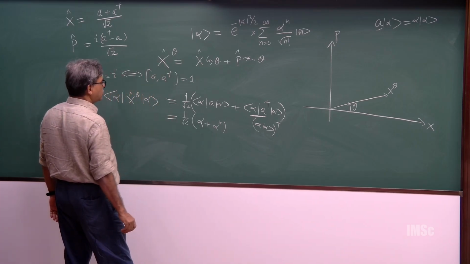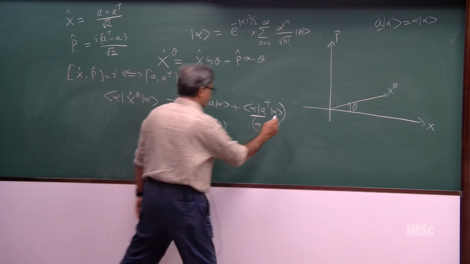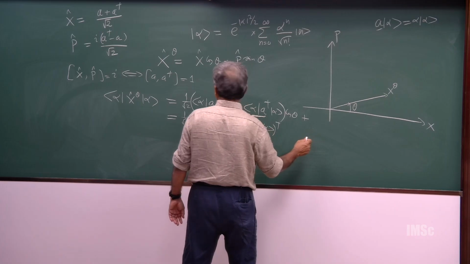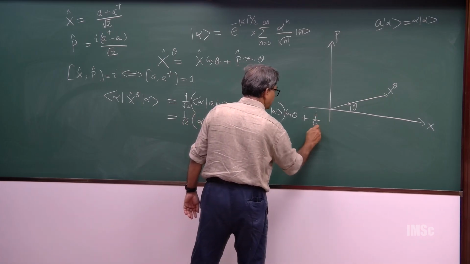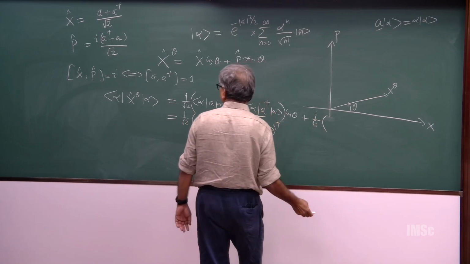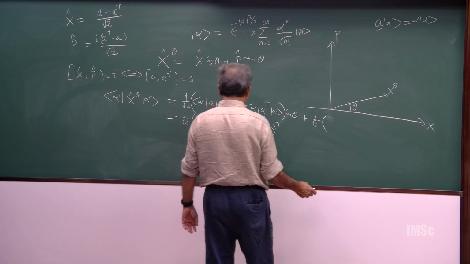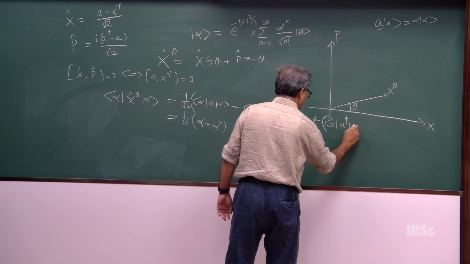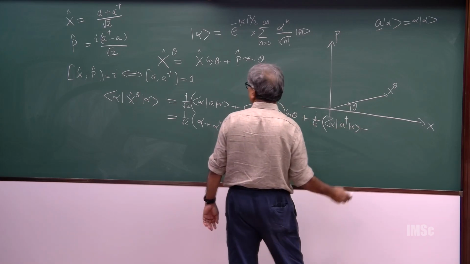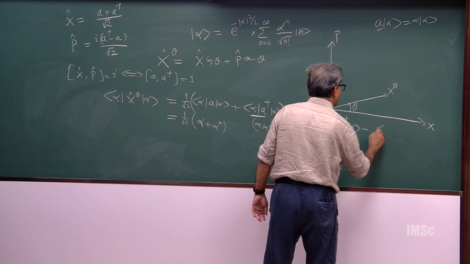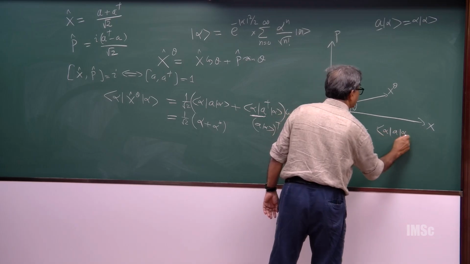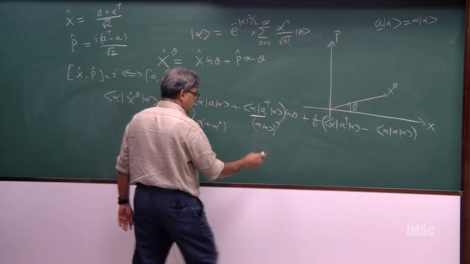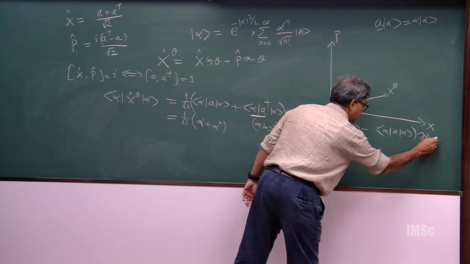No, sorry. This is just x. So, this is cosine theta plus what will be the other one, I by root 2, alpha a dagger alpha minus alpha a alpha, and this is sine theta.